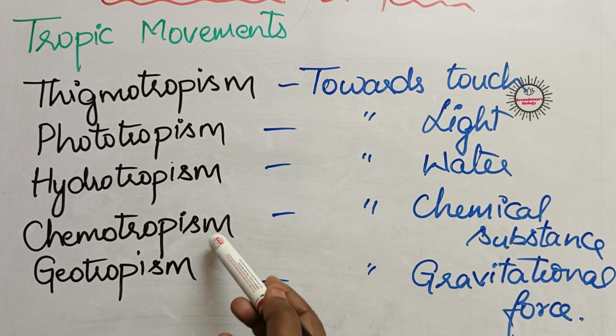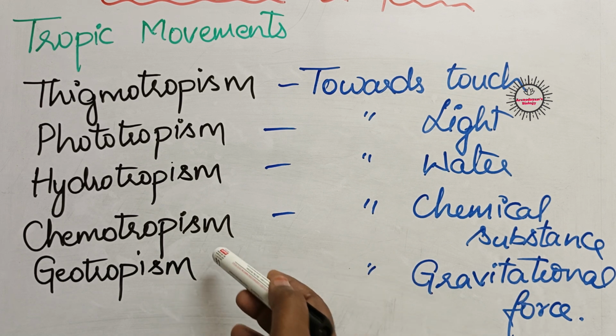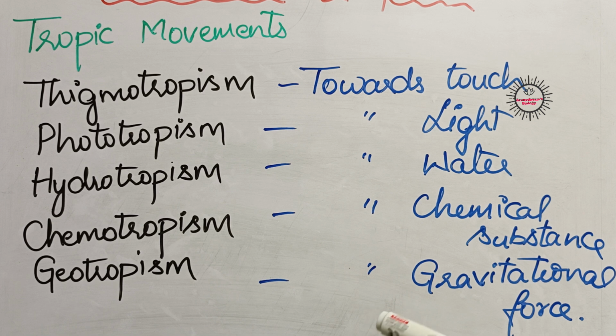This particular topic we are going to discuss in our next chapter, the reproduction lesson. So chemotropism means response of a plant part towards a chemical substance, for example, a pollen grain absorbing the chemical substance present on the stigma and producing a pollen tube for germination.